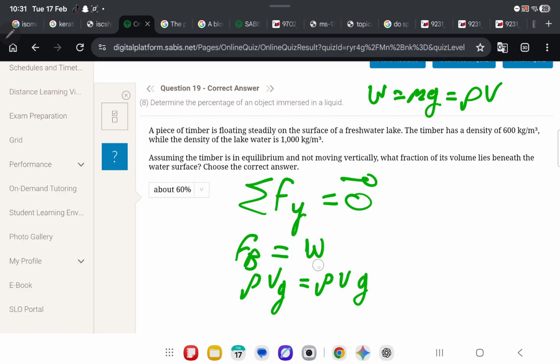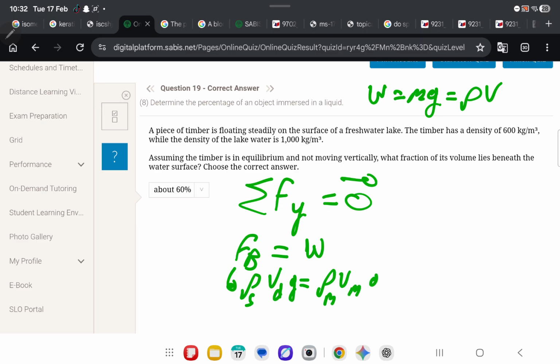Remember, the buoyant force always uses the density of the solution it's immersed in. This is the volume that's displaced, not the volume of the block. This is the density of the material of the block, times the volume of the block.